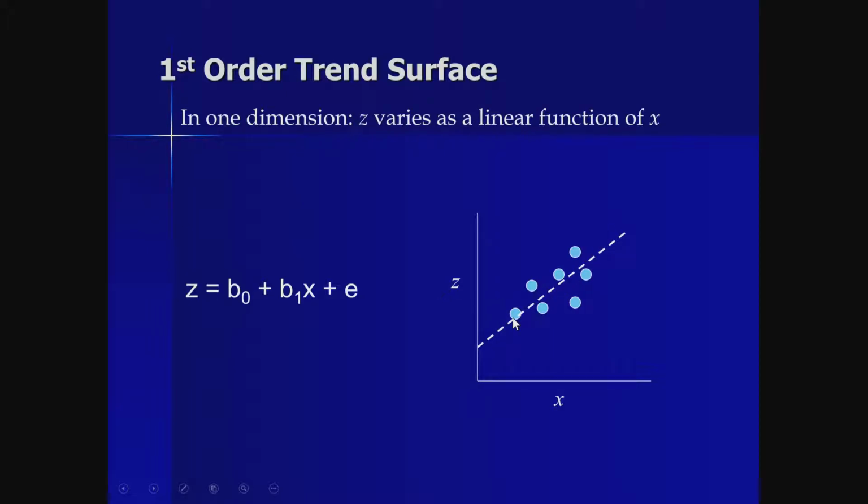Sometimes they call this least squares regression because it's trying to minimize, in other words, make as low as possible, the residuals between the surface value and the individual data points.